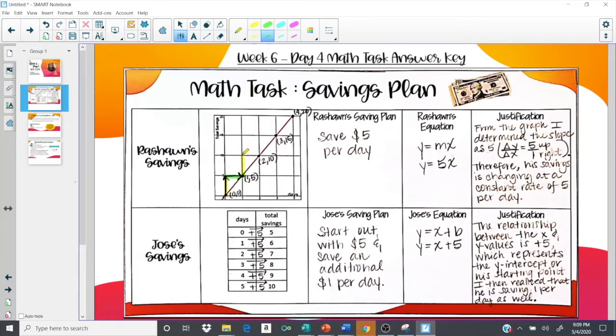And then you will have to go right horizontally, or 1 to the right. And you can keep doing this for all of the points on the graph. But this represents your change in y, which is 5.